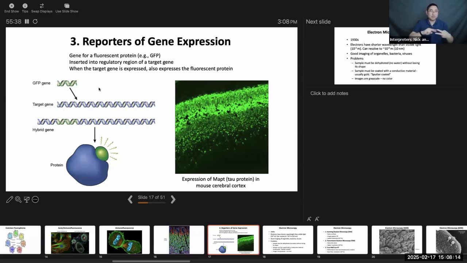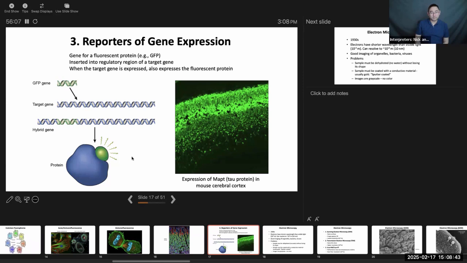And so then when the cell transcribes and translates that gene into protein, you get the main protein that the gene is supposed to produce, but it actually has green fluorescent protein attached to it. And that green fluorescent protein will then fluoresce. You shine ultraviolet light on it, and it's going to glow green.